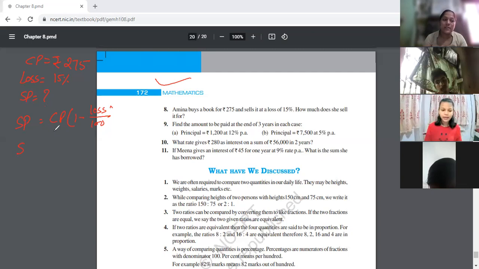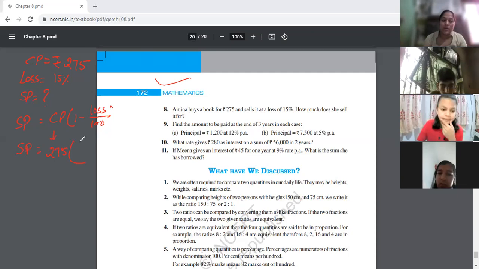What is the SP? We don't know. What is the CP? It is 275. 1 minus, what is the loss? 15 upon 100.